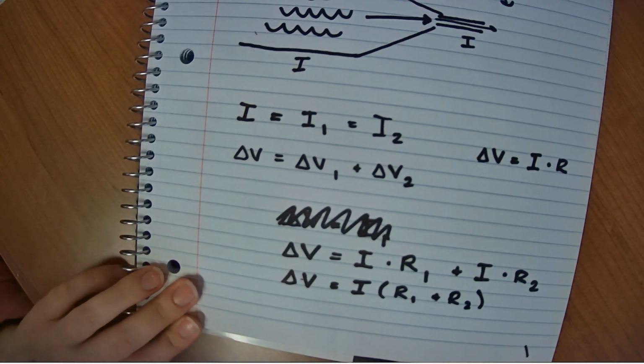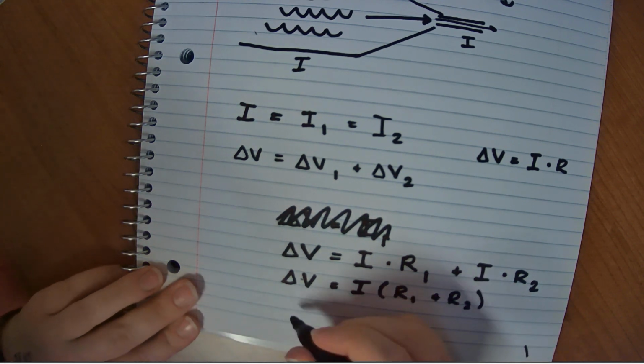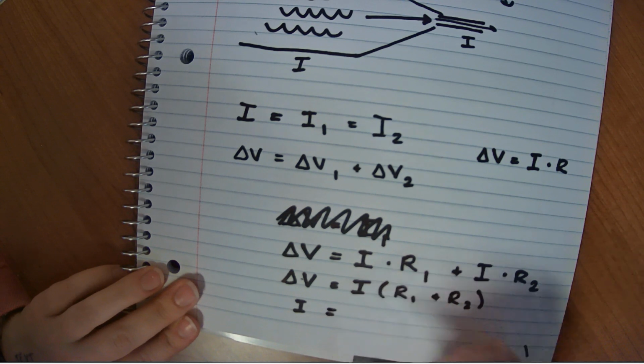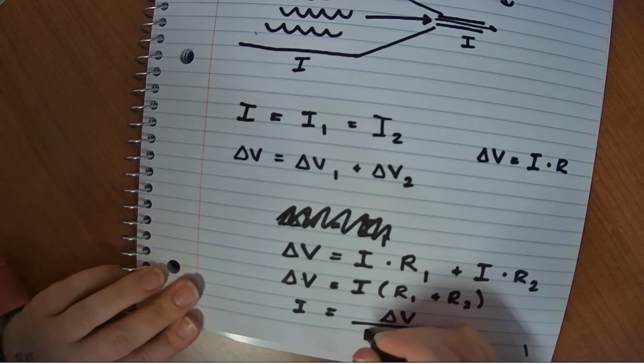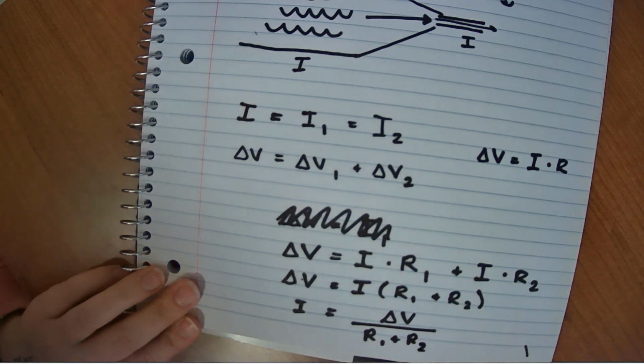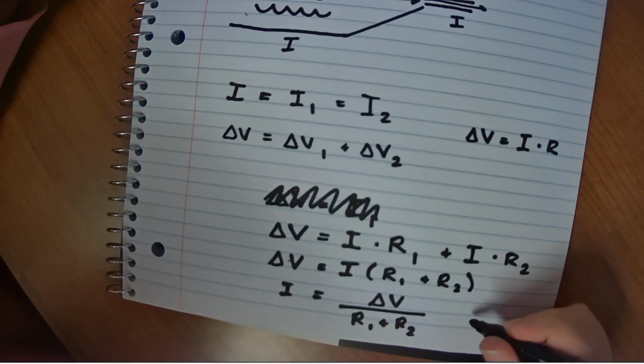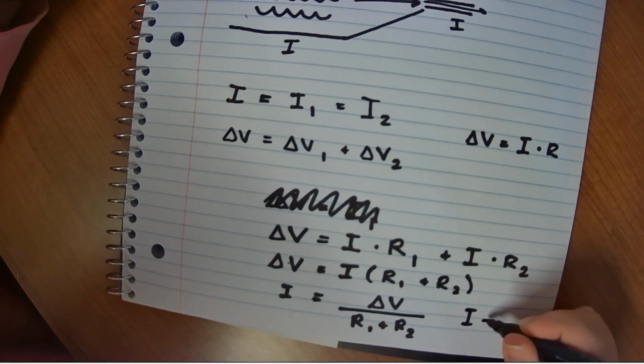And then we can find the current is equal to the potential difference over R1 plus R2. And so let's bring Ohm's law back down here and look at this.